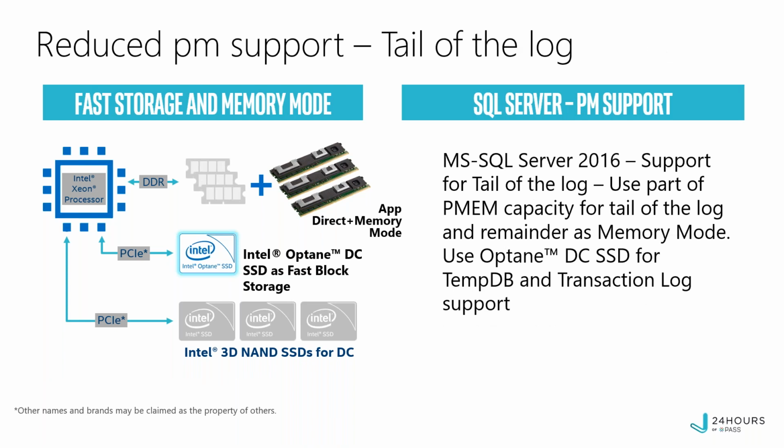Now I have hardware that supports PM, but I have reduced PM support, like Microsoft SQL 2016 with tail of the log. So you can just mount your Optane persistent memory in App Direct mode and use the tail of the log feature for that. Just remember that the tail of the log does not need that much capacity, so you could use just a bit of your persistent memory as App Direct and the remainder as memory mode.